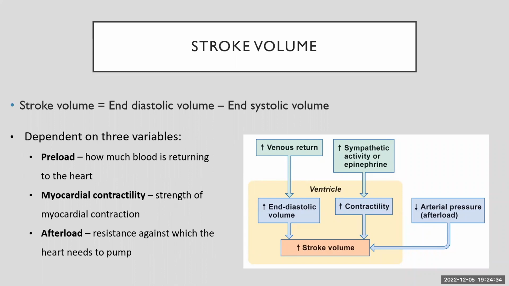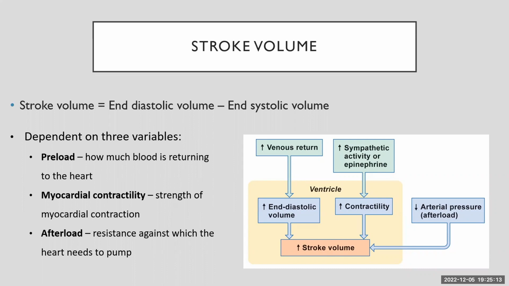Preload represents a measure of the amount of blood returning to the heart. Afterload is the resistance against which the heart needs to pump and is a measure of the strength of contraction that's needed in order to pump the blood out of the ventricle into the systemic circulation. And then you have myocardial contractility itself, and that's a measure of the ability of the myocardium to generate strength during contraction that allows for the ejection of blood.